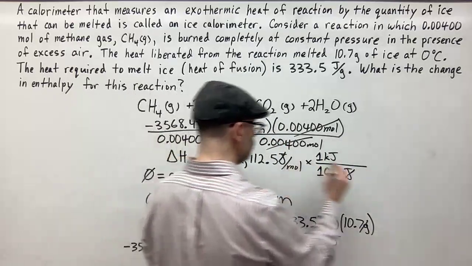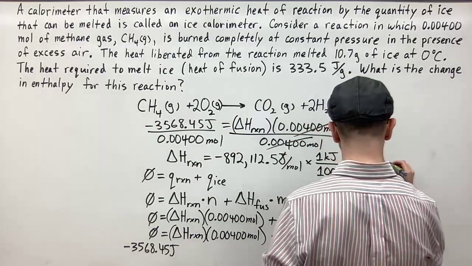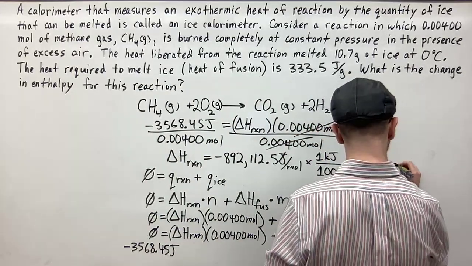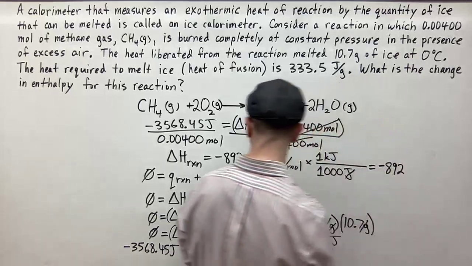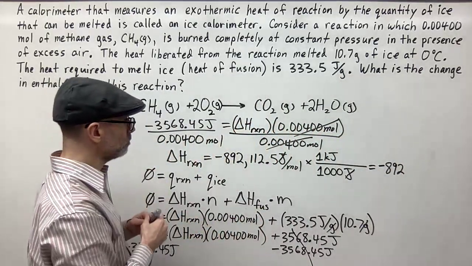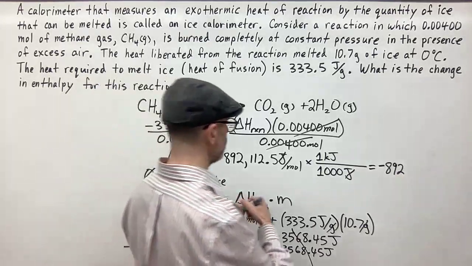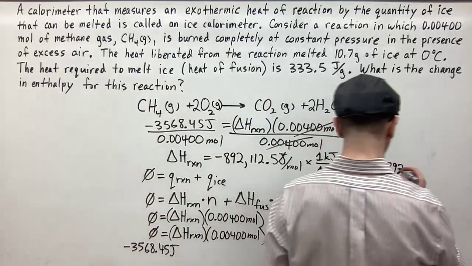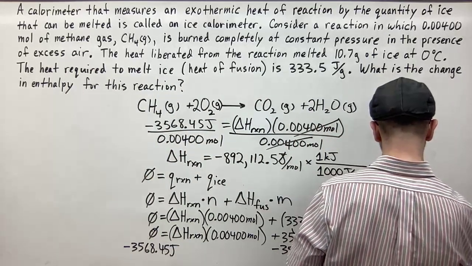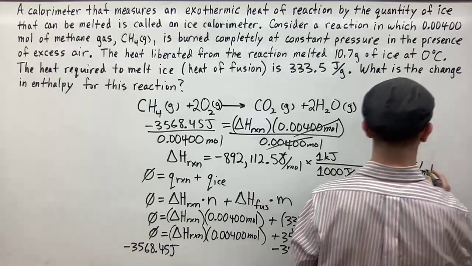So now I'm going to end up with negative 892. And the least number of sig figs is 3. So we're going to round that to negative 892 kilojoules per mole.